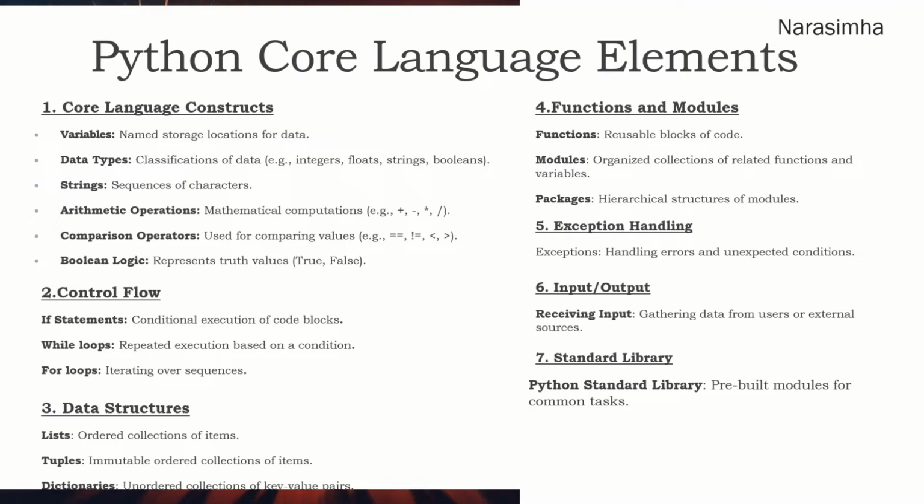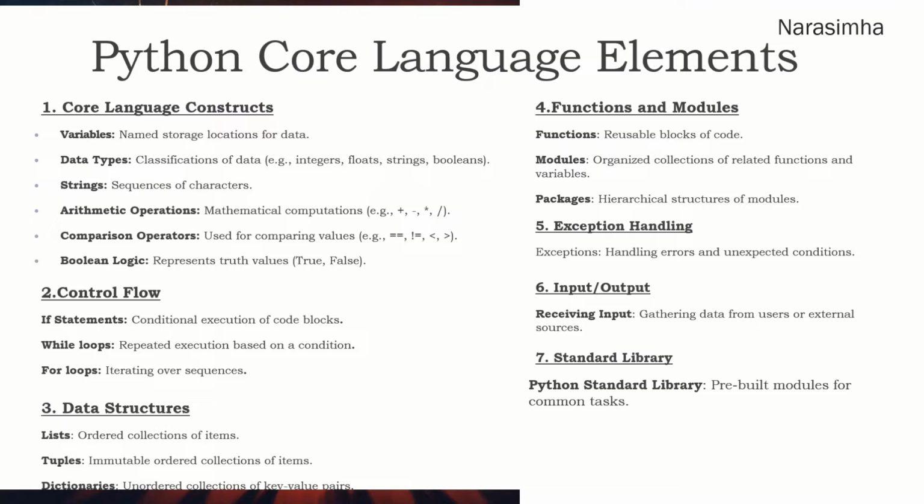But just in case the code gives any error, to gracefully handle that error, as with other programming languages, Python also provides you an exception handling mechanism. You can handle any unforeseen errors, unexpected conditions using exception handling in a graceful way. You can give your own custom message, right?